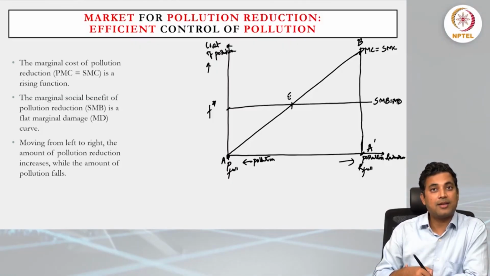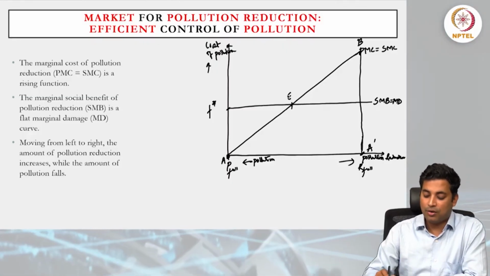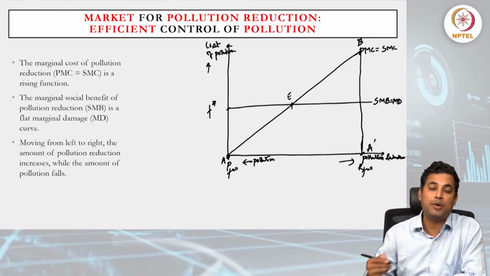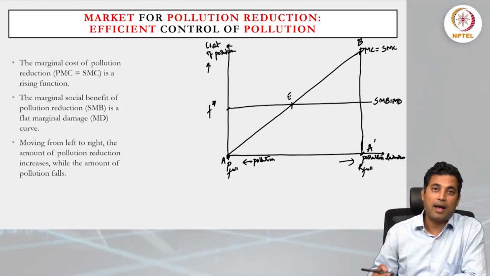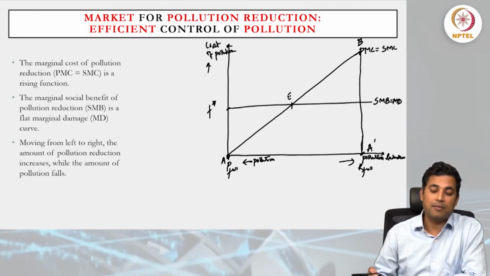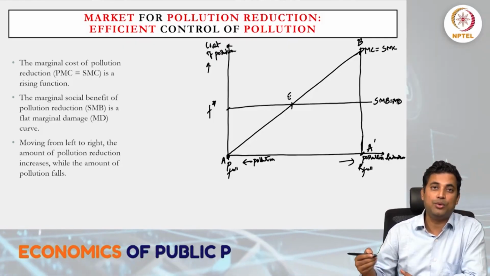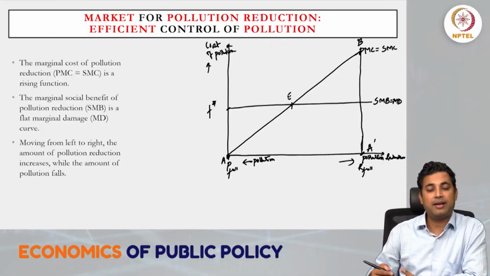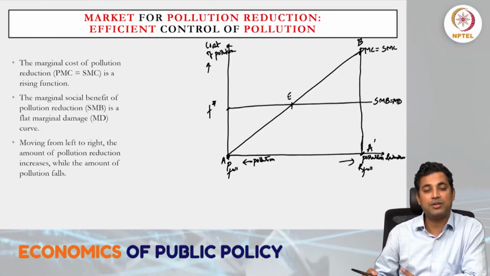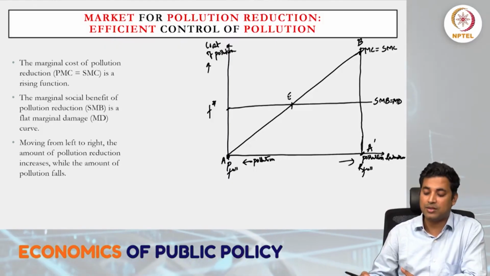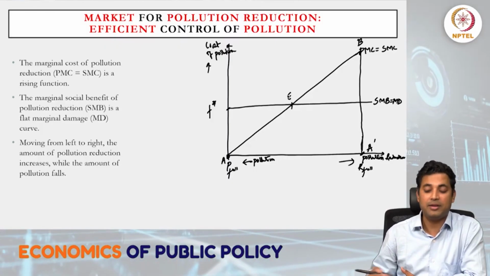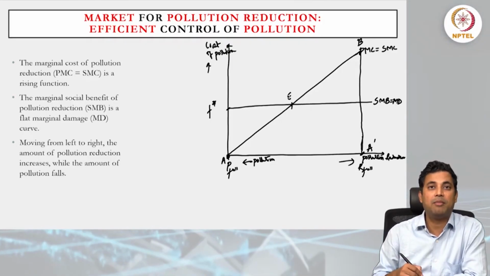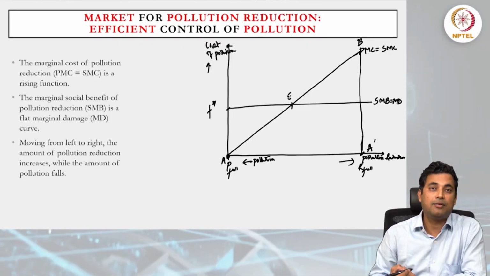As we discussed, I'm reiterating, if I move along the horizontal axis from right to left, pollution reduction is happening, through either taxation or quantity control, either private sector solutions or public sector solutions. There is an effort to reduce the pollution, and therefore cost will be high, and that is measured along the vertical axis.